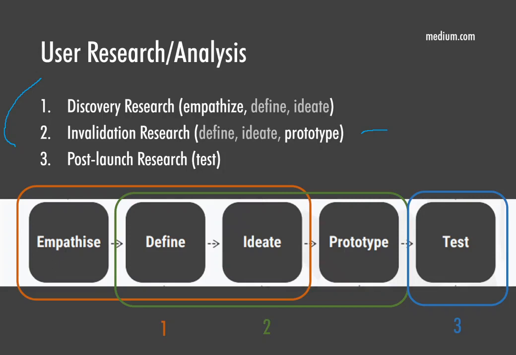And the final one, post-launch research, after you upload the product for the public to see and use, or maybe you started selling the product. You see what the actual users do with your product. Let's see each of them in more detail.